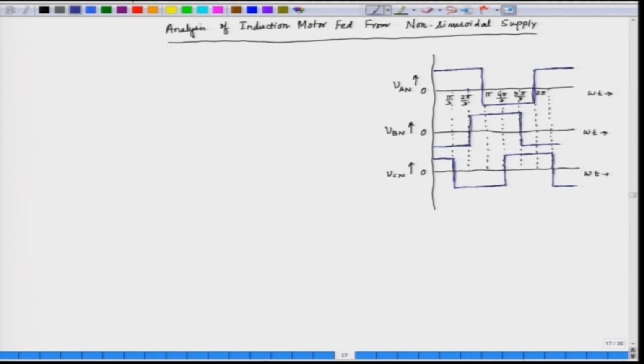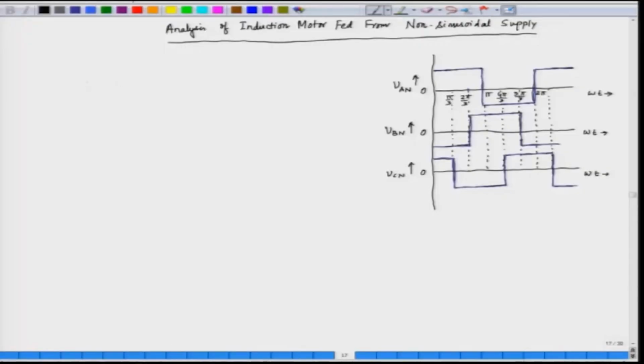Now, when we apply these 3 phase voltages to an induction motor, what happens? The induction motor has got 3 phase windings, which will resemble like this. We have phase A, phase B and phase C. This is the stator.